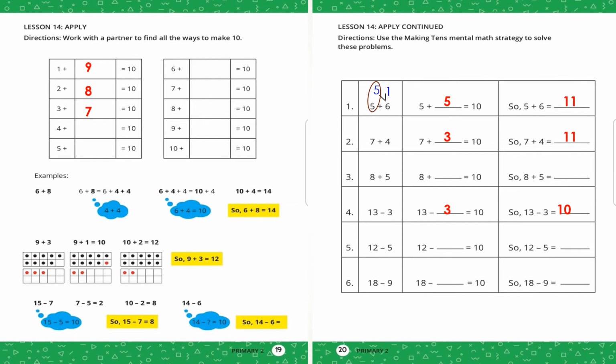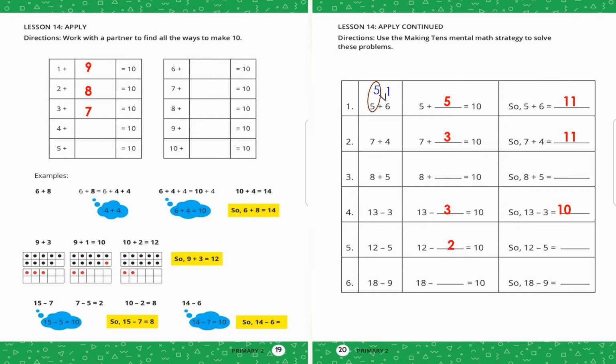The next problem, 12 minus 5. Here we want to make 12 to be Mr. 10. So 12 minus what will give me Mr. 10, our superhero? Of course, 12 minus 2. 12 minus 2 will give me Mr. 10, our superhero.